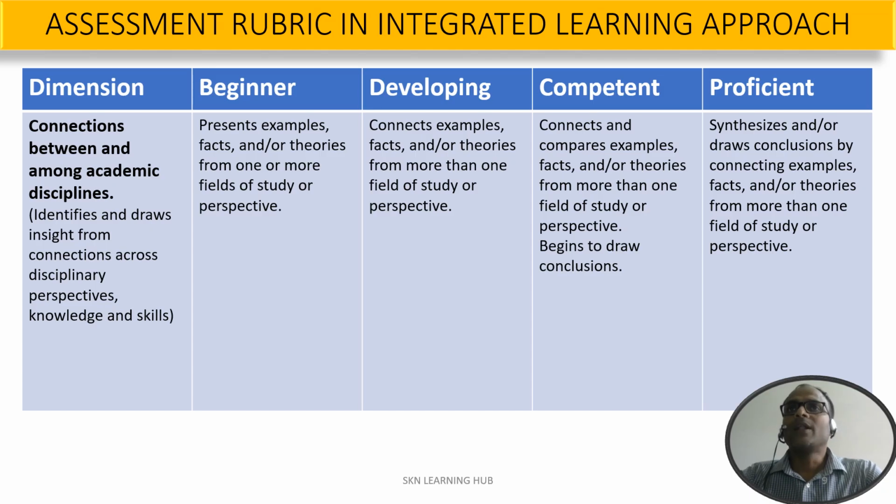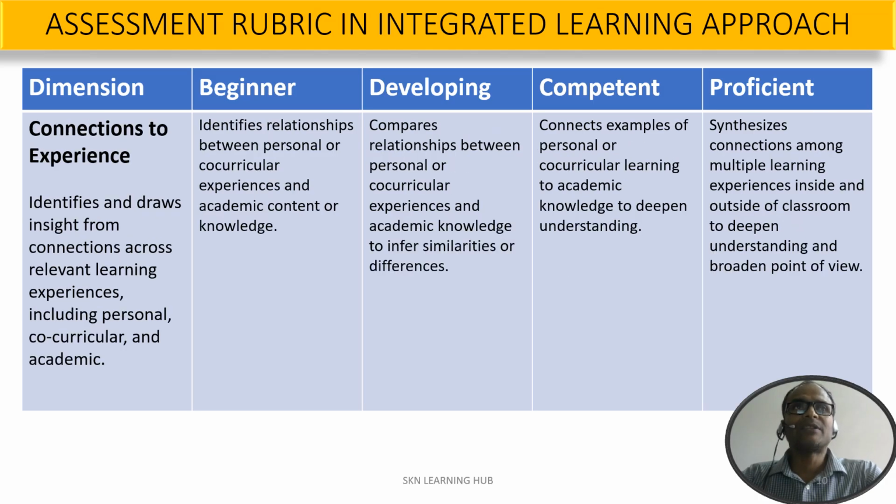Students who connect and compare examples, facts, and/or theories from more than one field of study or perspective, and begin to draw conclusions, will be assessed as competent. Students who synthesize and/or draw conclusions by connecting examples, facts, and/or theories from more than one field of study or perspective will be assessed as proficient.